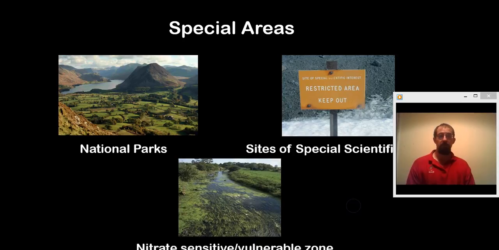The last special area is what we call a nitrate sensitive zone, or a nitrate vulnerable zone. Now, before I mention what this is, just to mention what nitrates are and the effect they have on the environment. They are found in fertilizers and manures, and they are what plants need to grow, to produce foliage.